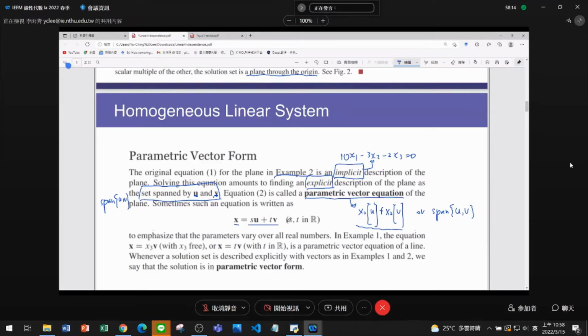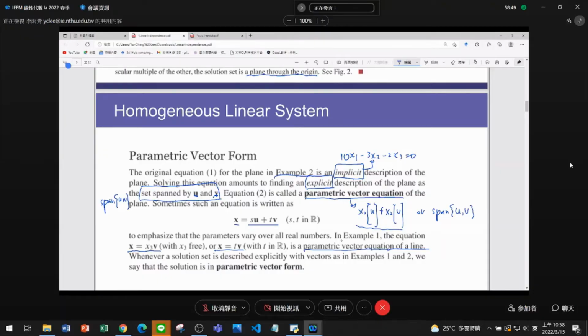In the earlier example, example 1, the equation is written as x equals x3 times v, or x equals a scalar t times v. It's also a parametric vector equation of a line. So we do not have two terms since we're working on just a line in example 1.